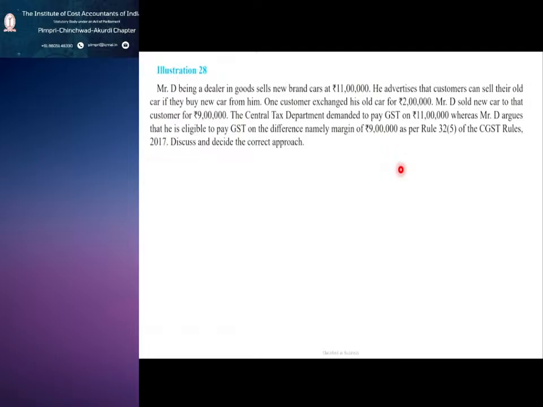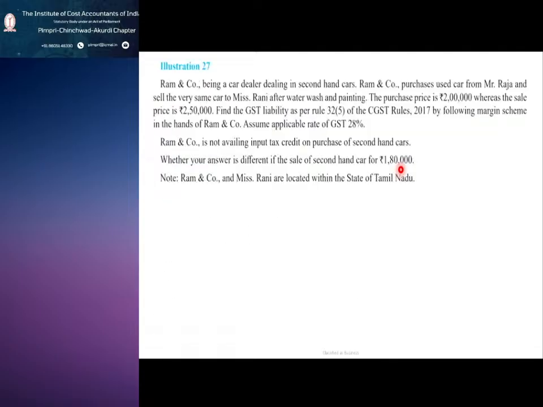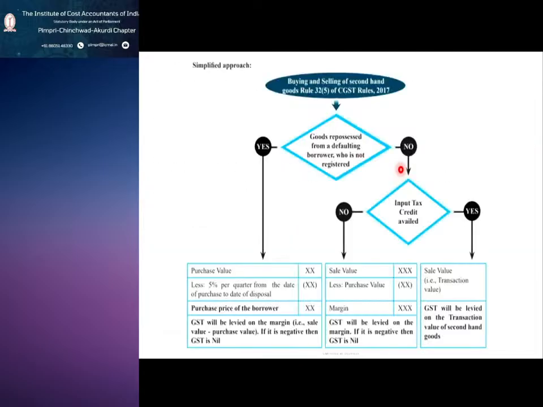Yes, but you need to see what is rule 32(5). Rule 32(5) applies to whom? Rule 32(5) applies to a person or the dealer who is dealing in buying and selling of second hand goods.